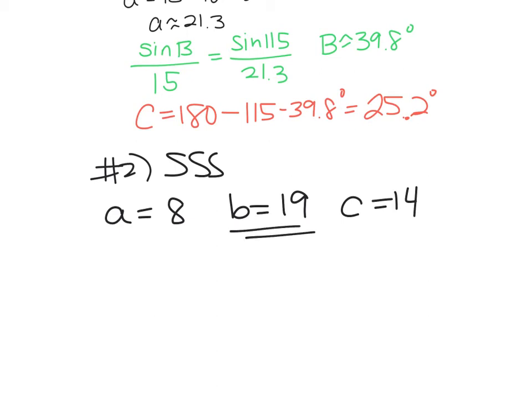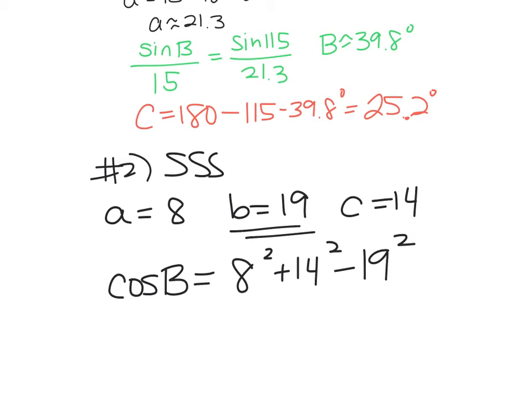Okay, so we're going to use the alternate form. So we're going to go cosine of B is equal to. Now, we're going to put in A and C. So it's going to be A squared. Oops, hold on. Let's actually put in what A squared is. 8 squared plus 14 squared minus 19 squared all over 2 times 8 times 14.